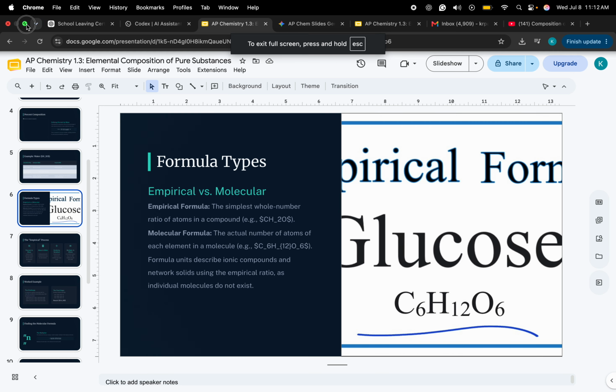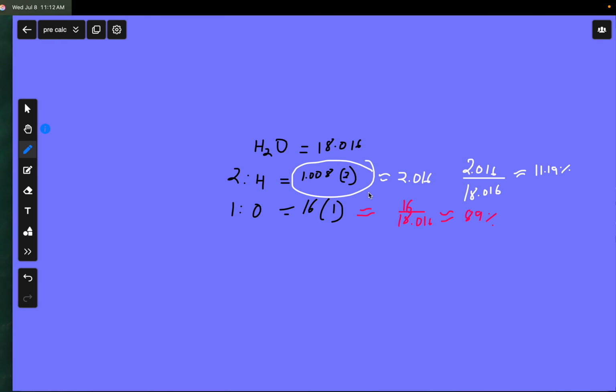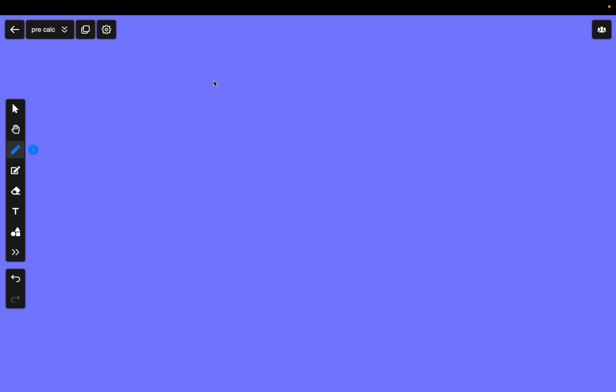I know the slide looks kind of off, so let me just go right here. The molecular looked like C6H12O6.